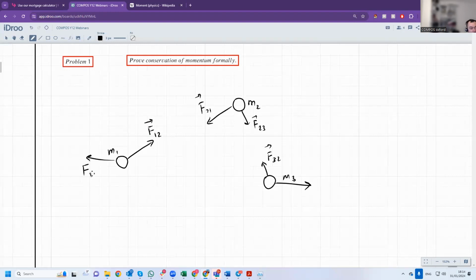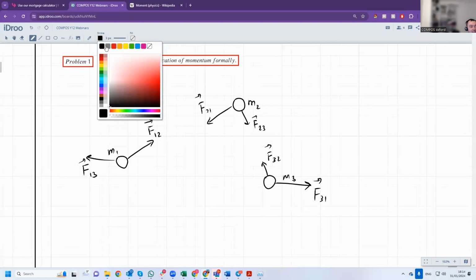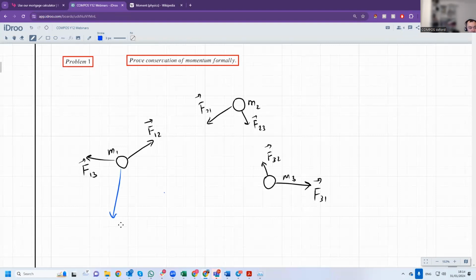So this is F1 from 3, and this is F3 from 1. In addition to that, we have 3 external forces. Let's call them F1, F2, and F3. They're external forces: F1 external, F2 external, and F3 external.